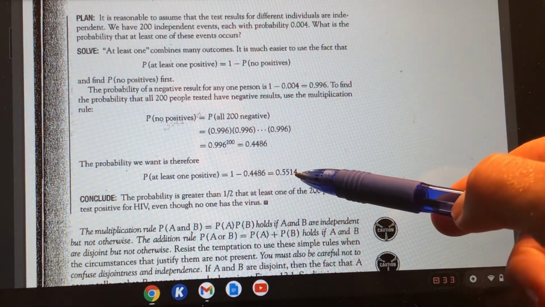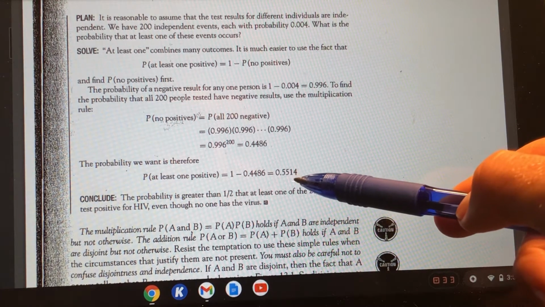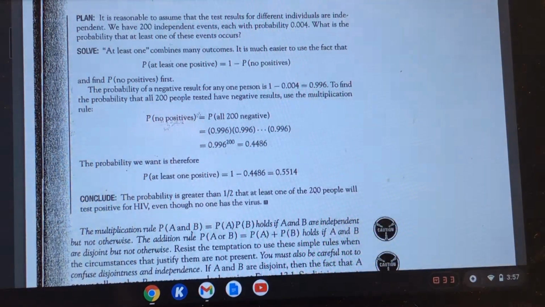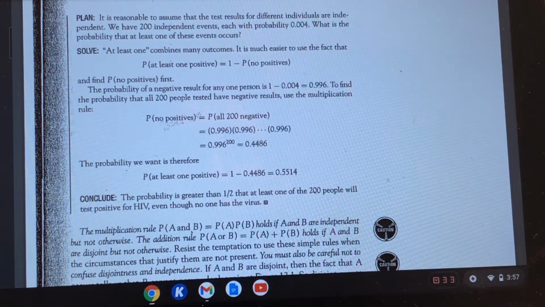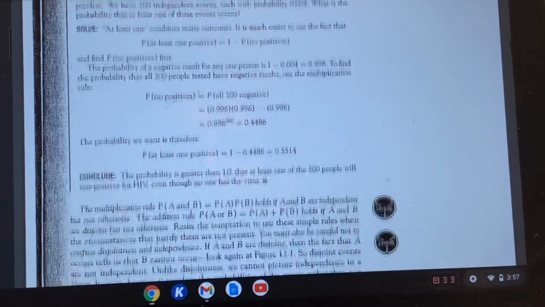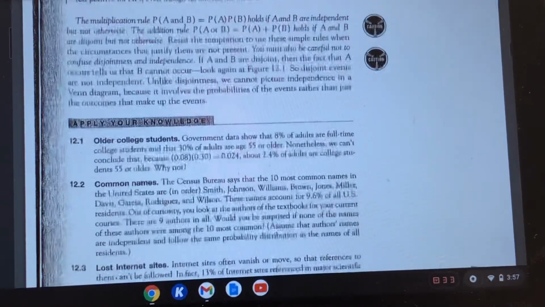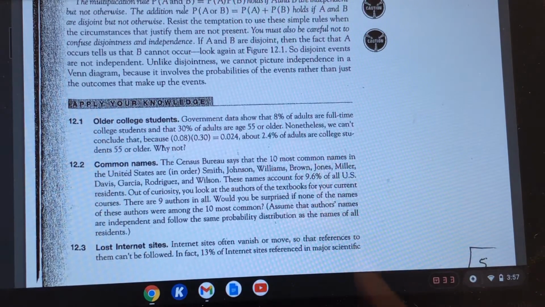So that means the chance that you do have at least one false positive is 0.55. There's a 55% chance, or a greater than 1/2 chance, that at least one of the 200 people will get the call that they have tested positive even though they don't have it. That would be a bad day. All right, so there you go, 12-1.